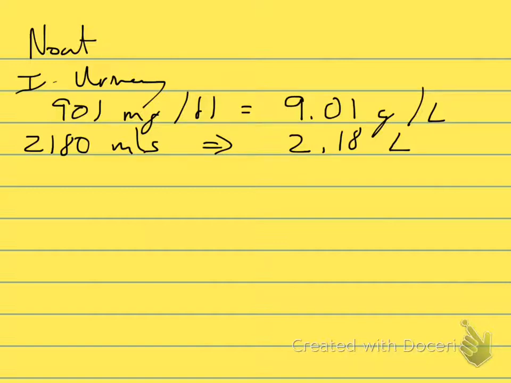So now I have my concentration of nitrogen in the urine, 9.01 grams per liter, and I know my total volume is 2.18 liters, so if I multiply those, I'm going to get my total urinary urea nitrogen.